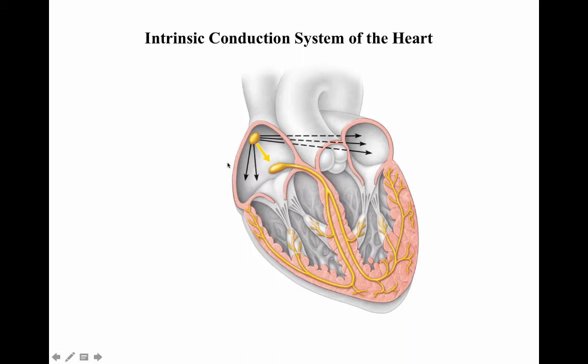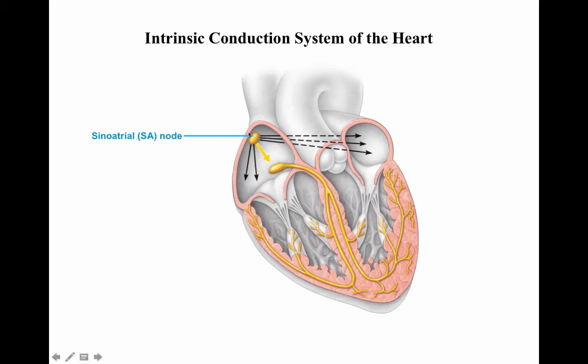But without that connection, we would see that the sinoatrial node, this cluster of cardiac cells held within a sinus area, a little depression within the right atrium, this specialized cluster of cardiac cells would keep the heart's beat at around 90 beats per minute.